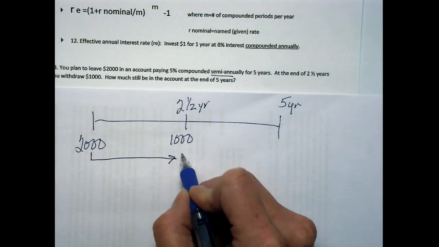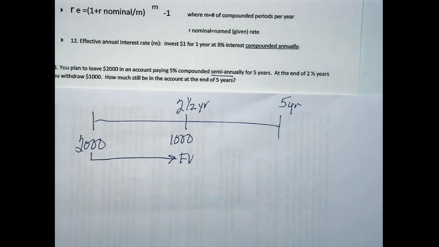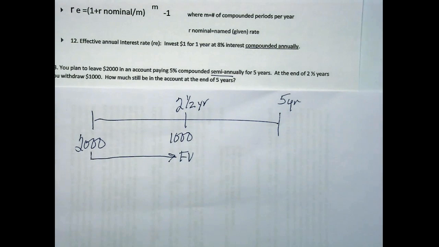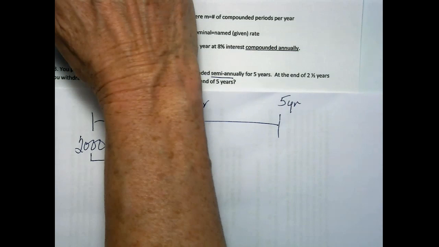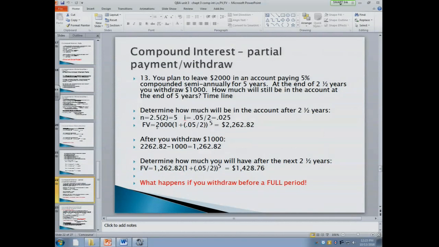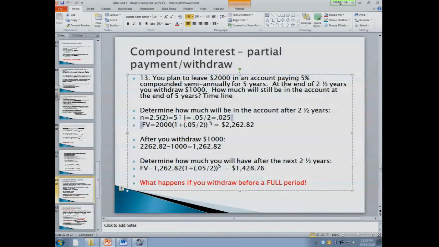You're going to find the future value of the $2,000. So the future value of the 2,000 is right here. Again, first find n, which is 5, and i, which is 0.025. The future value of 2,000 after 2.5 years is 2,262.82.